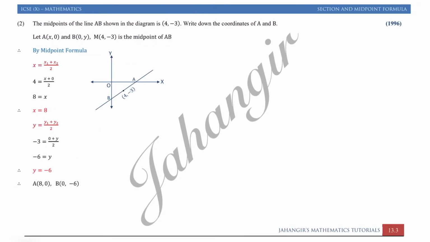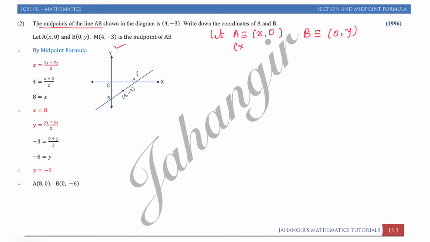Question number two. The midpoint of the line segment AB shown in the diagram, this diagram you can see is given in the question. Its midpoint is given as 4, 3, where A and B are the points on the x-axis and y-axis. So we can say let the coordinate of A be x, 0 and the coordinate of B be 0, y.